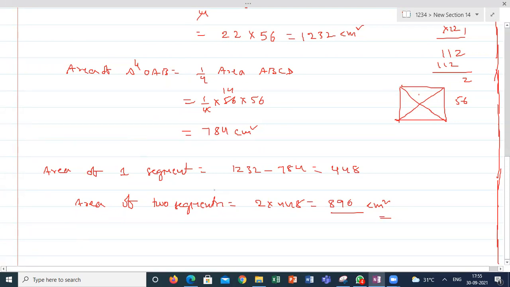Anyone having any doubts from this topic, please let me know. I will request Sir to give one more session on this. We will see different numericals and we will wind up the entire first term syllabus. I think we have almost done the first term syllabus, correct? Yes, sir.